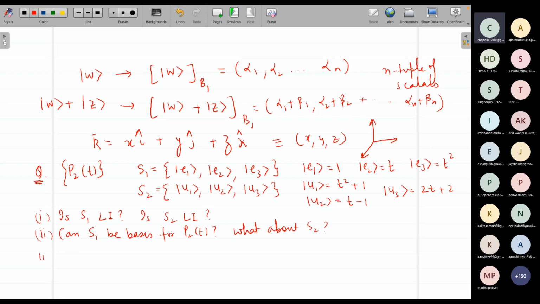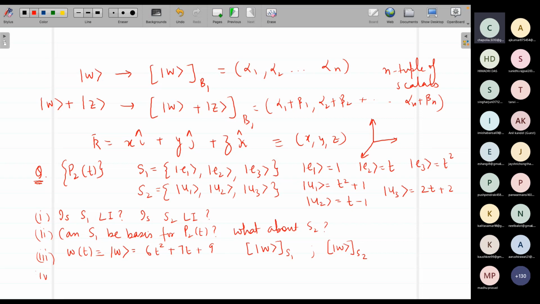And third, a general polynomial W is given as 6t square plus 7t plus 9. I want to know the component vector of W with respect to S1, and I also want to know the component vector with respect to S2.